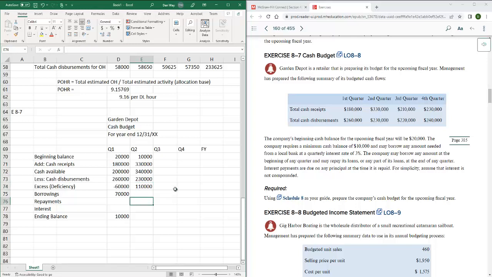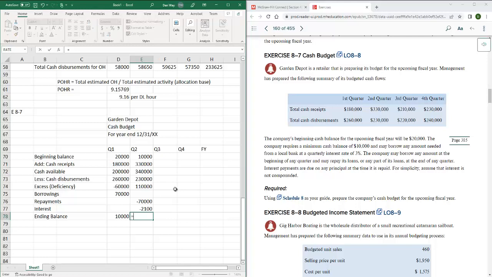So I'm going to pay back the $70,000, and I'm going to pay back the interest we borrowed $70,000, and this is 3% simple interest. So I'll just go ahead and mark 3% simple interest like that, okay, for 1 quarter. 2,100.